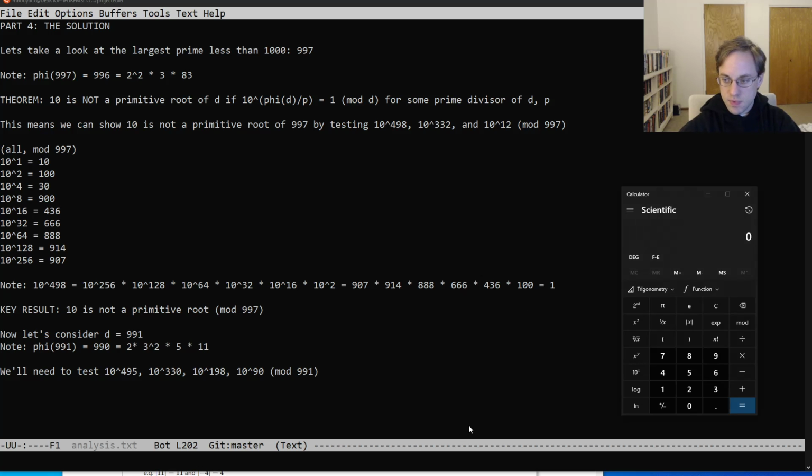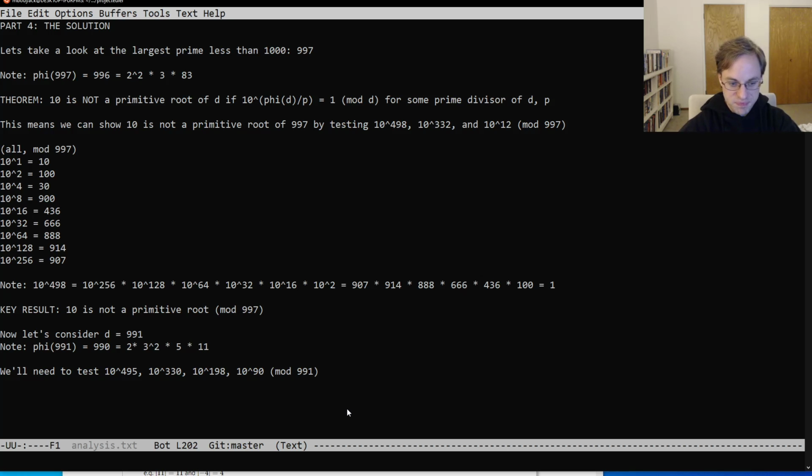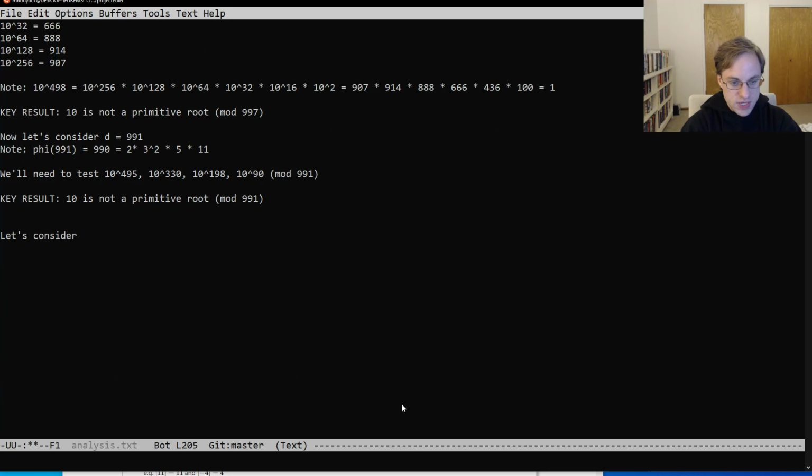Okay, so let's do it. 10 to the 495 mod 991. Oh, well, that was easy. Key result: 10 is not a primitive root mod 991. Let's consider d equals 983.